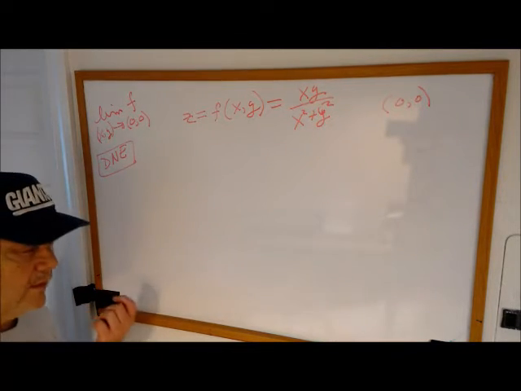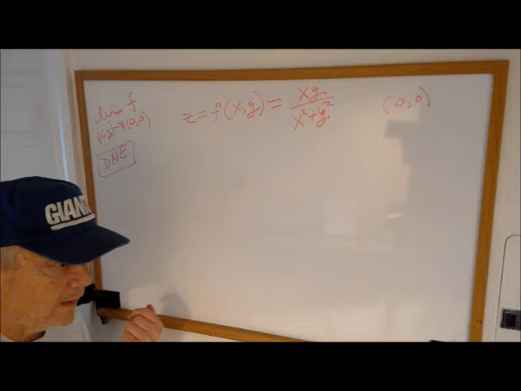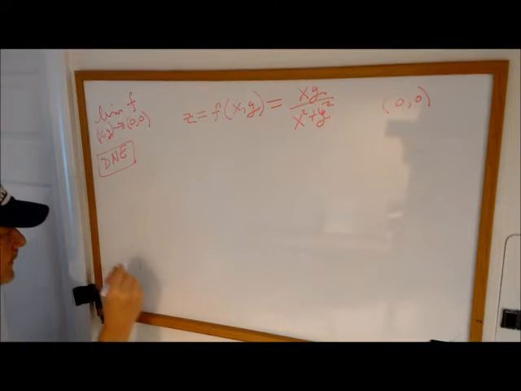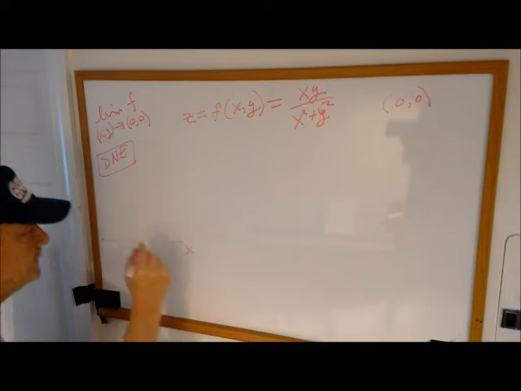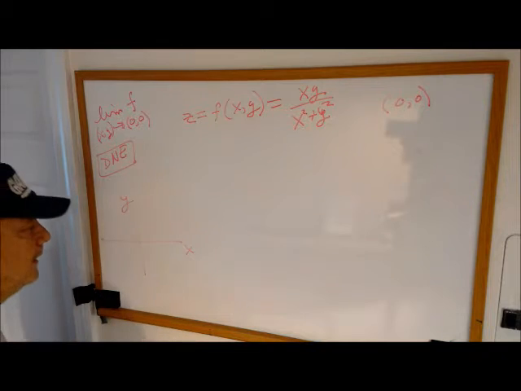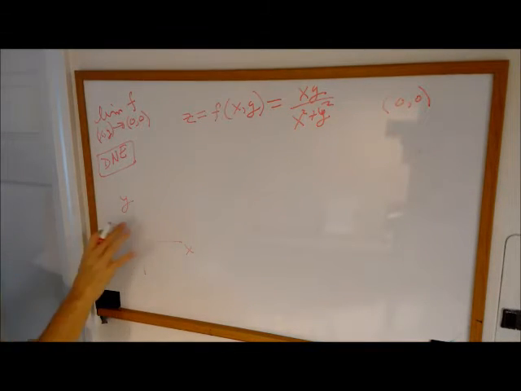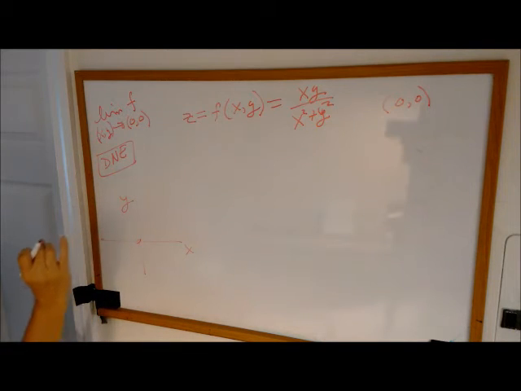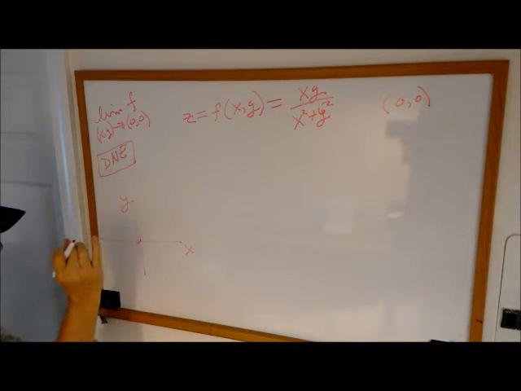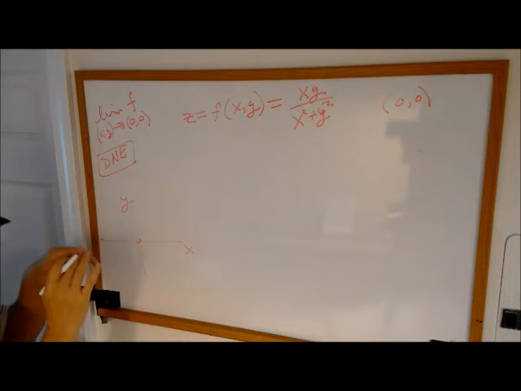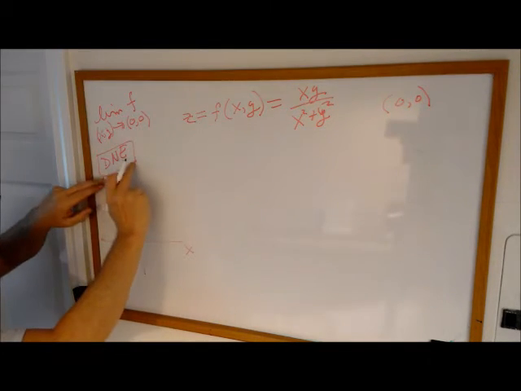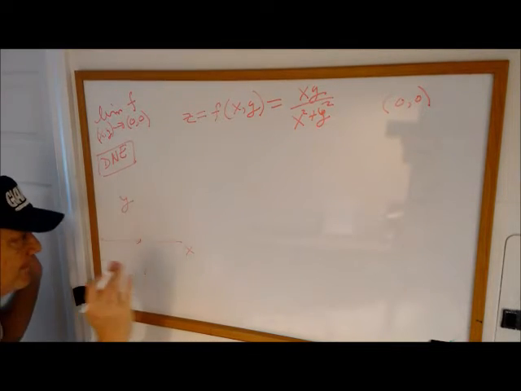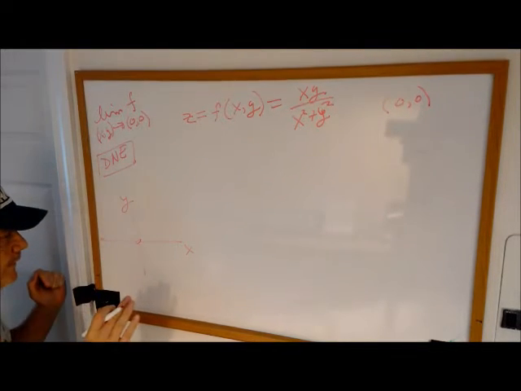To prove that, if this is the xy plane, the function comes out of the board, and at 0, 0 the function doesn't exist, so it has a hole in it. But it doesn't mean that the limit doesn't exist. In our example, it's going to be true that it doesn't exist, but how do we prove that?